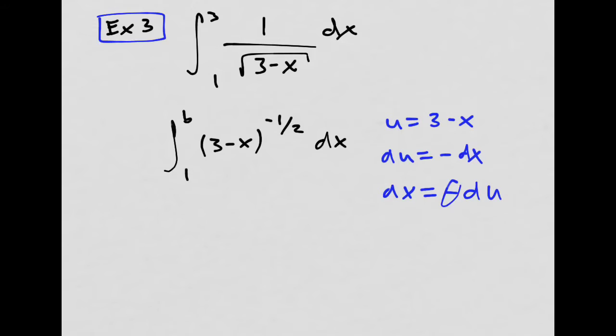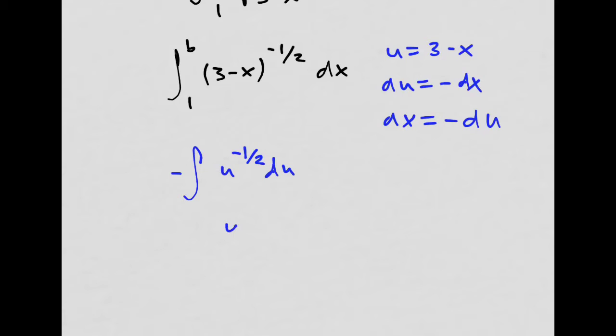So this negative, I'm just going to put on the front of my integral. I'm going to forget about the limits of integration for now because I'm changing stuff. So I have u to the negative 1/2 with a negative out front and a du. Add 1, that would be u to the positive 1/2 times 2, and then that negative out in front. And then I'll change it all back.